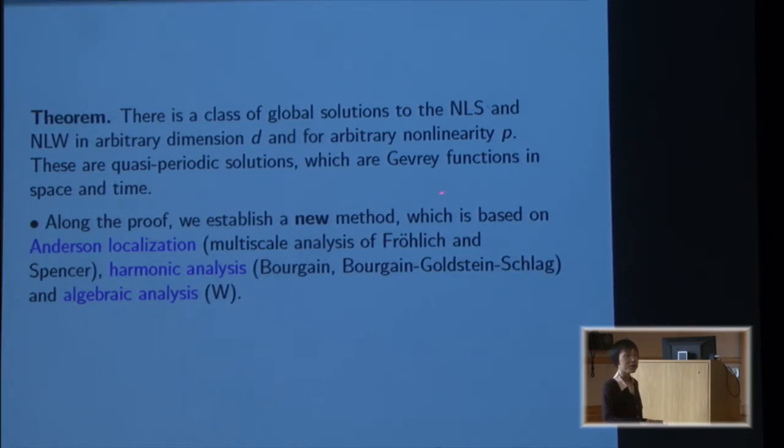As I explained, we are perturbing away from the linear equations, so obviously eigenvalues will play an essential role. So the harmonic analysis I use to control when the 2 eigenvalues become very close. And now the algebraic part is to control the geometry when the 2 eigenvalues are equal. So this is the geometric part.